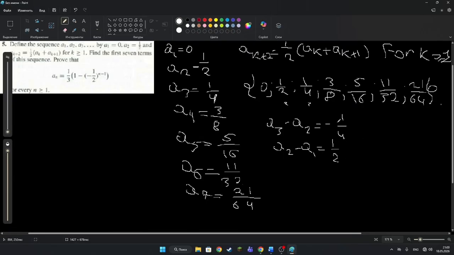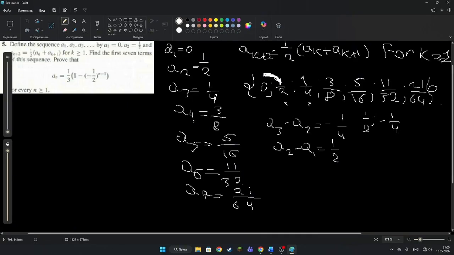So in other words, for these pairs, we get 1 divided by 2, then minus 1 divided by 4.